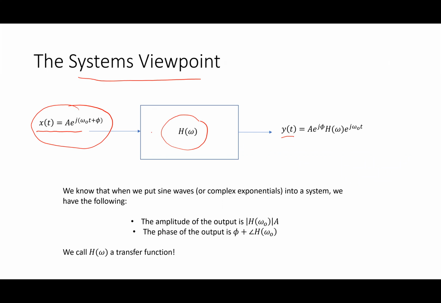So this picture that I'm drawing right here basically says, if I can get my input in the form that I've shown here, I multiply that input by the transfer function, which is given by the circuit or system that I'm looking at. And then I can figure out the output looks like this.